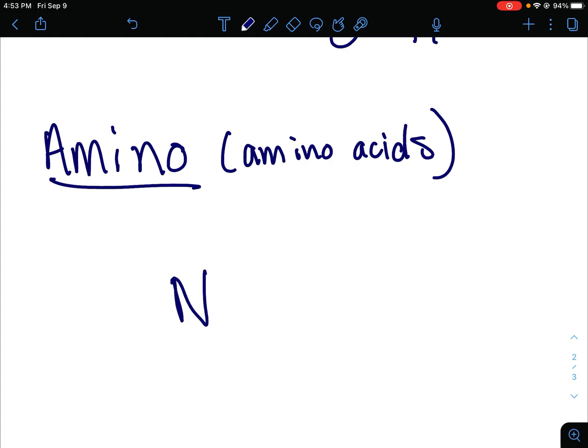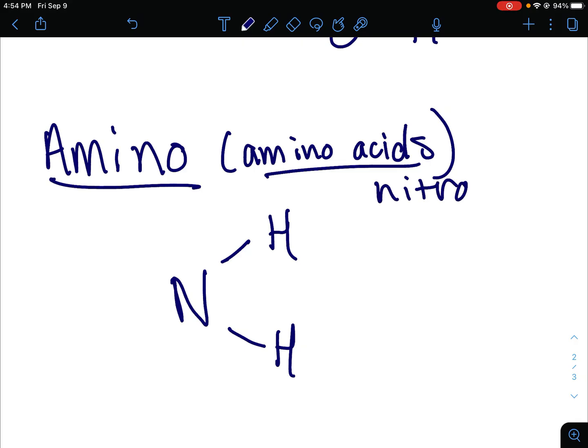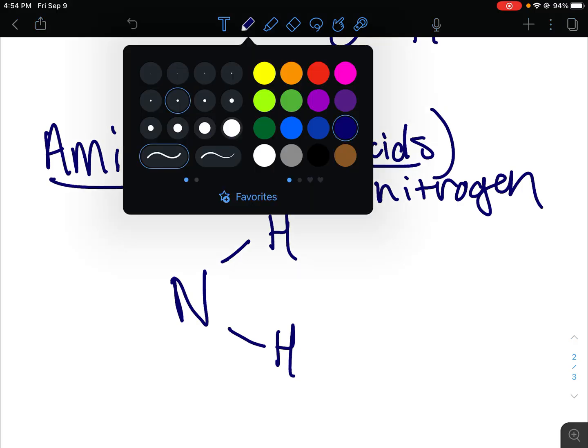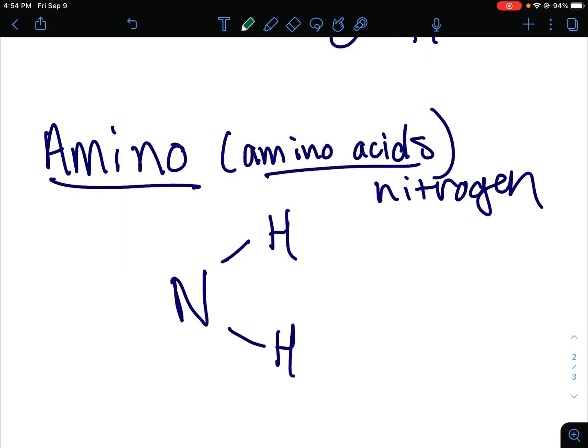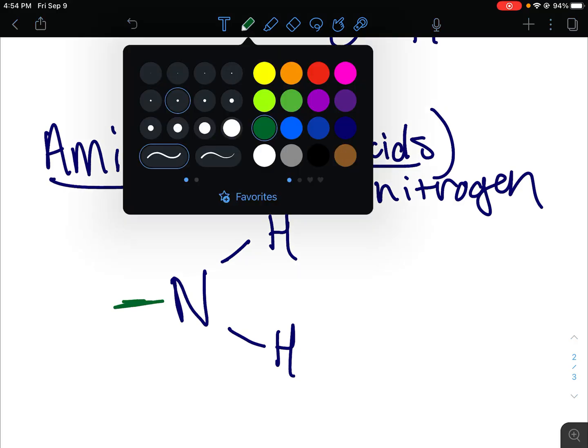So you're going to have a nitrogen attached to 2 hydrogens as your amino group, which makes sense because amino acids make up proteins. Proteins are the only ones that have nitrogen, so it makes sense. Nitrogen likes to have 3 bonds. This group leaves it so that nitrogen can bind to one other thing, which is usually the rest of your amino acid.